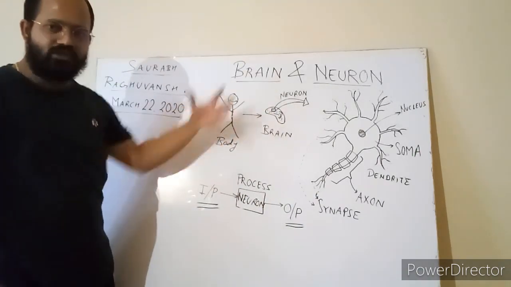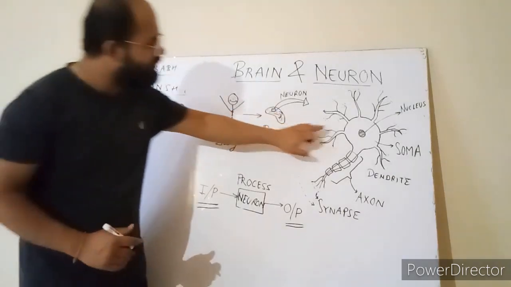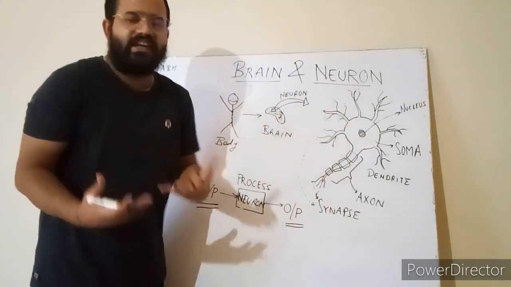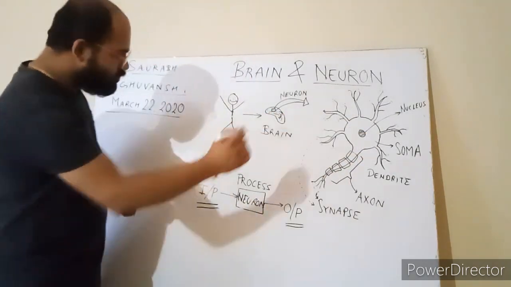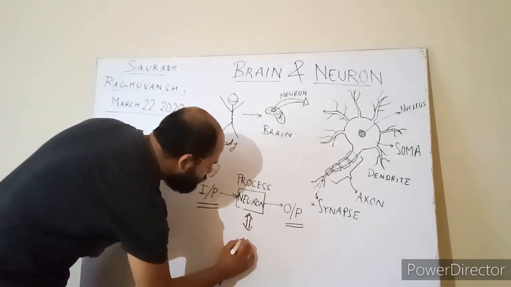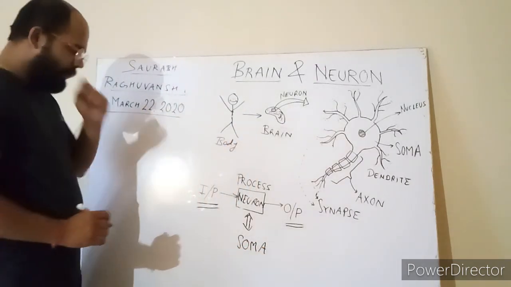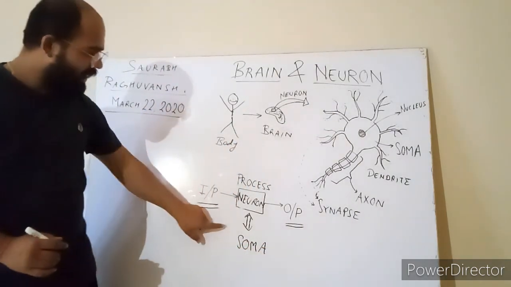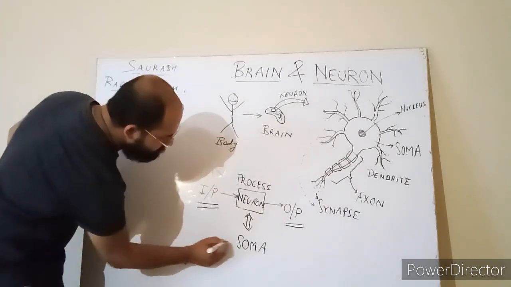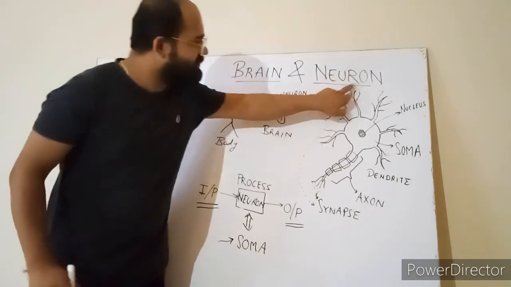To create an analogy between the two, what the input is, simply from here we can see this is the soma where processing takes place. So we'll write at the center, this is soma, or the cell body. Then what is the input? It takes input through dendrites.